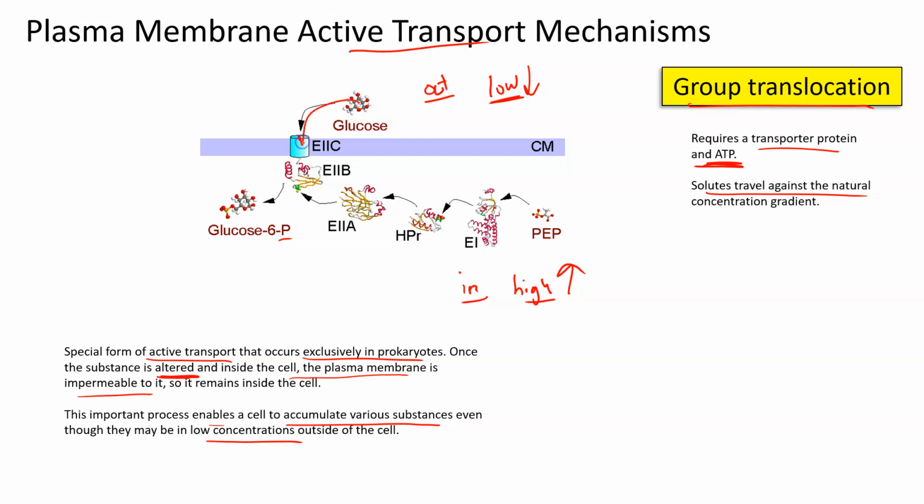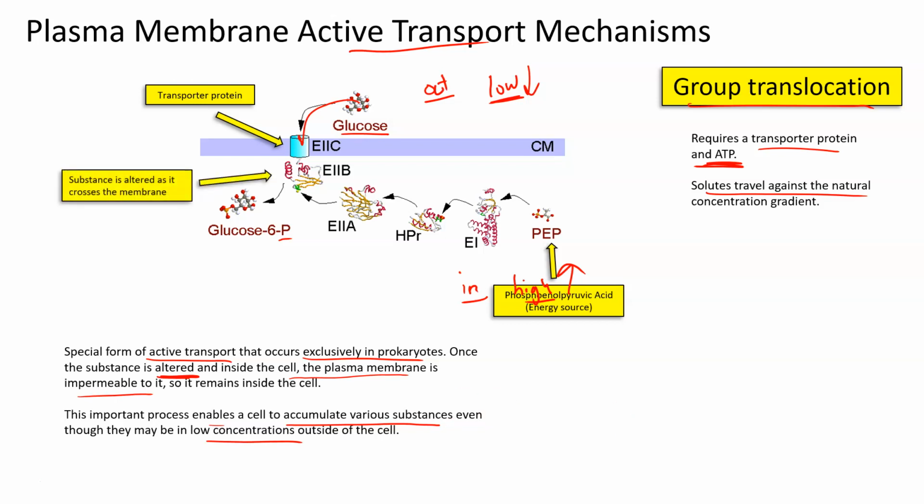They bring the glucose in through a transporter protein, which is designed to transport glucose into the cell. Once the cell takes in the glucose, it uses PEP, which is an energy source. It stands for phosphoenolpyruvic acid. It uses a series of intermediates to phosphorylate the glucose, meaning we add a phosphate to it.